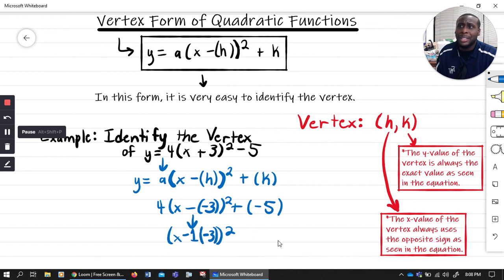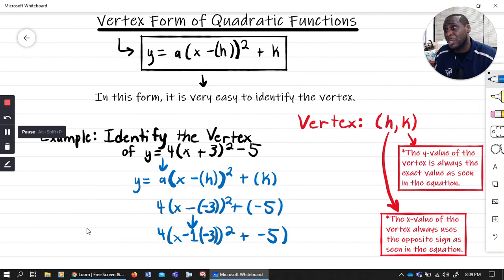But again, guys, this was just a little explanation of why it works. If you use what I've explained to you here, what's written in red, then you shouldn't have any troubles with that, because I think it's pretty self-explanatory that you're going to use the opposite sign for h, and you're going to use the exact same sign for k.